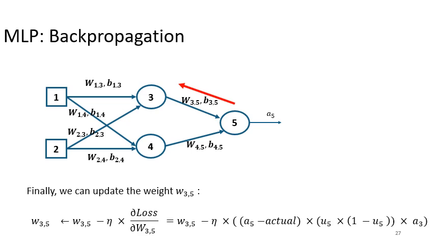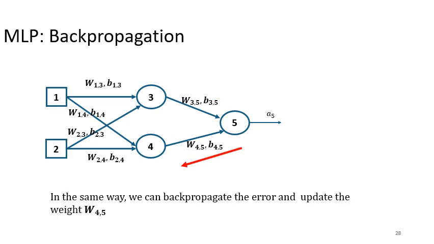This update rule guides the gradual adjustment of the weight W35 during the training process and contributes to the overall learning of the neural network. This should be iterative and repeated many times until we achieve the best performance. In the same way, we can backpropagate the error and update the other weights, including, for example, the weight W45.